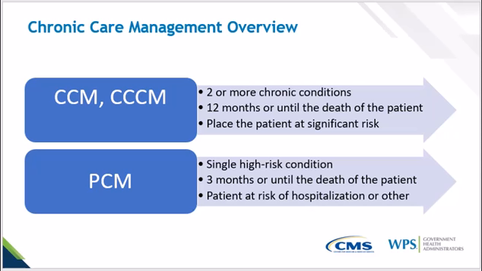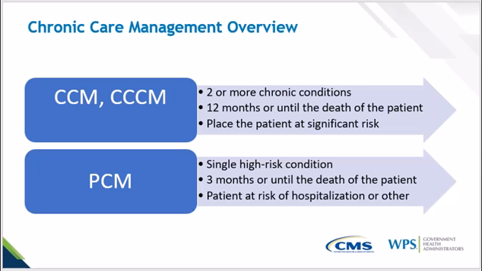This is chronic care management or CCM, complex chronic care management or CCCM, and principal care management or PCM. We educate on patient eligibility requirements. These are patients with 2 or more chronic conditions.